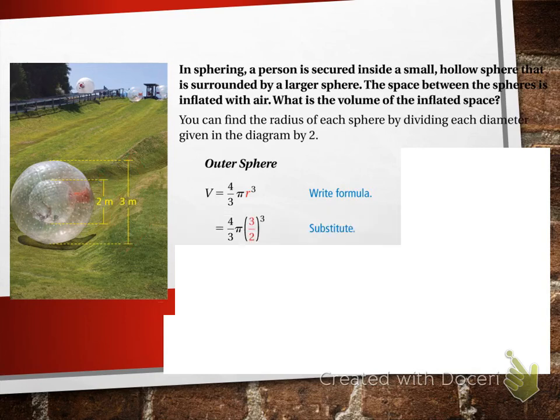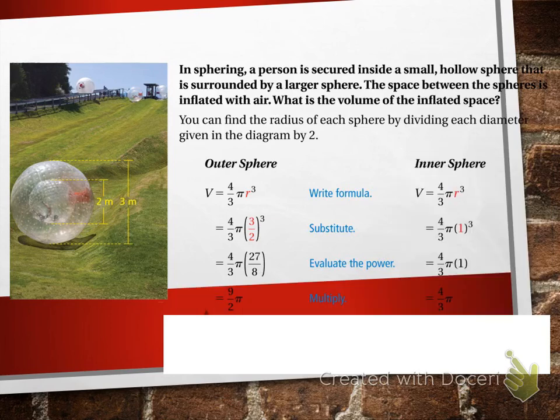So for the larger circle, we end up with 4/3 pi, 3/2 cubed. Whenever we do that, you can put it in the calculator with parentheses around it, or make sure you cube the numerator and the denominator both. So when evaluating that, we get 4/3 pi, 3 cubed is 27, 2 cubed is 8.